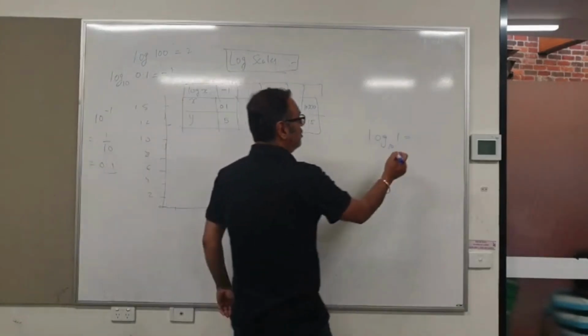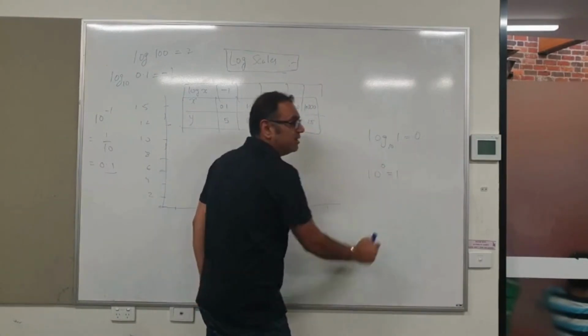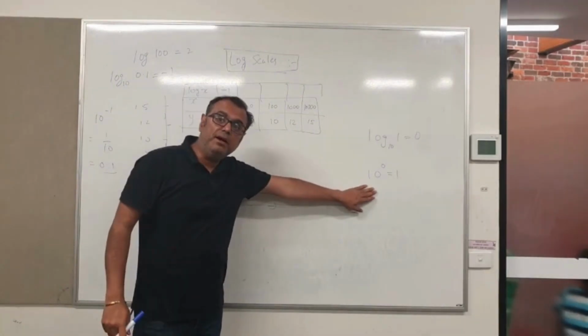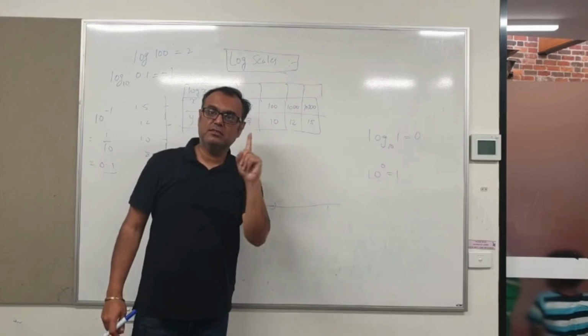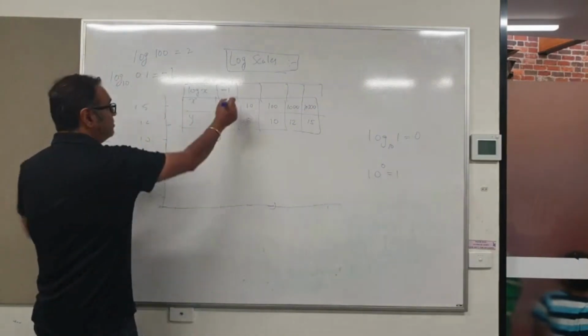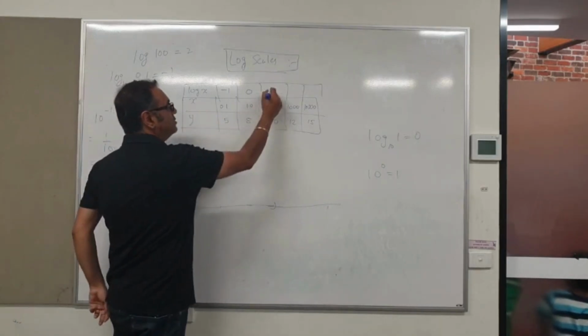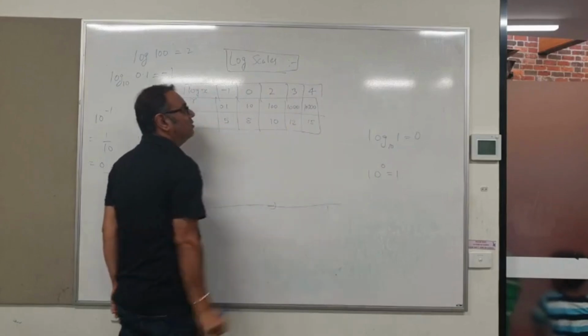Good, 0. Why? Because 10 raised to the power 0 is 1. Right? Any number in the universe, when it's raised to the power of 0, answer is 1. This is 0. What about here? This becomes 2. This becomes 3 and this becomes 4.